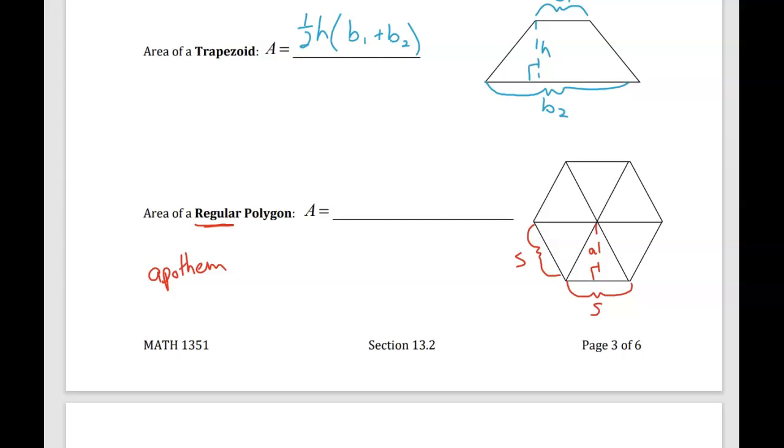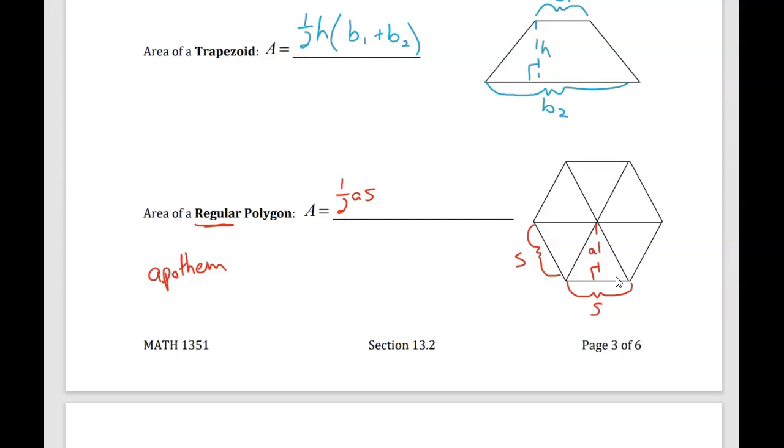So basically this is going to form a triangle. So we have our base times our height to get this area. So we have 1/2 the apothem times the base, or the S, and we have, in this case, 6 of them.